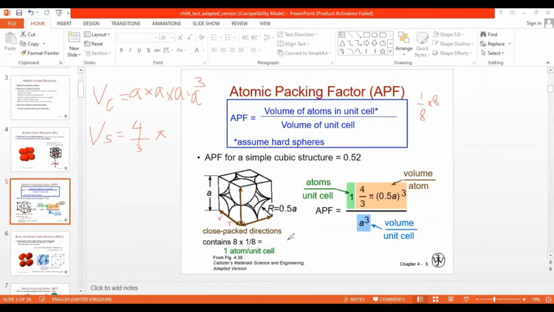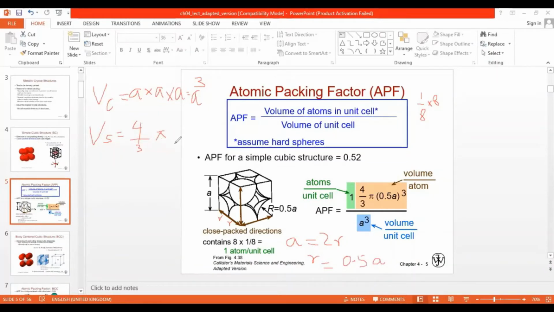So from there you can say a is equal to 2r, because here one atom, here one atom, 2 atoms making 1 a. That is, a is equal to 2r. Then r is equal to a by 2, that is 0.5 a.